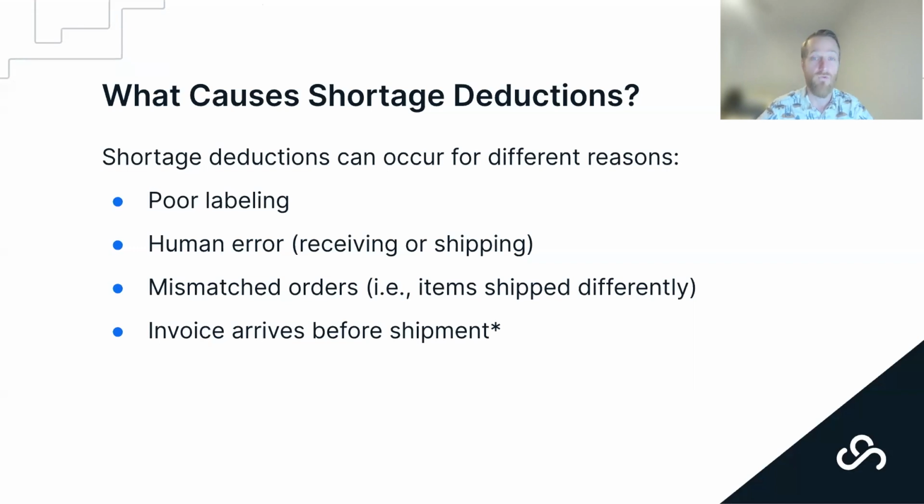Ultimately, Walmart could try to process your invoice before they've received the goods. And then Walmart's system will say, well, we don't have these goods yet, and create a shortage deduction. So doesn't necessarily mean all of these are valid shortage deductions, but all those scenarios can result in shortage deductions that you may have to fight through disputes.